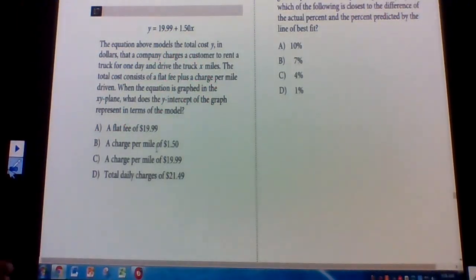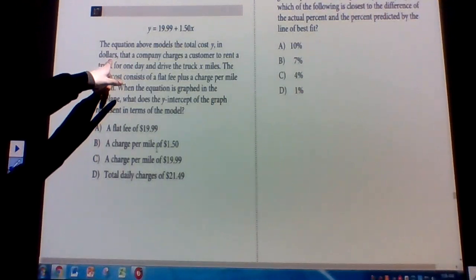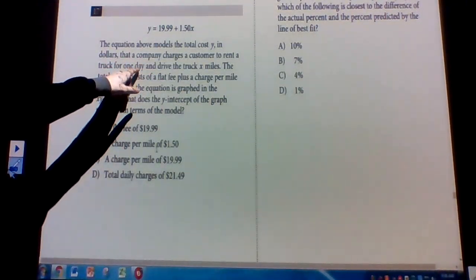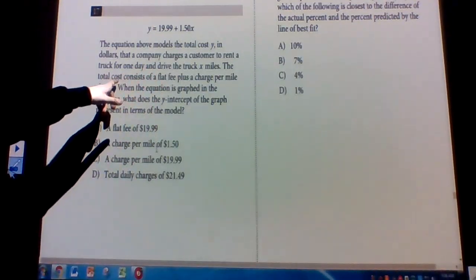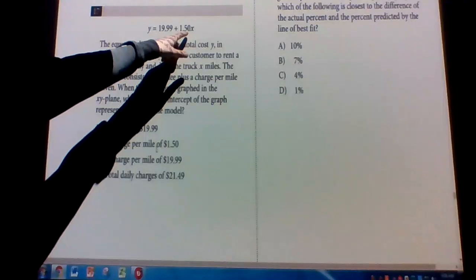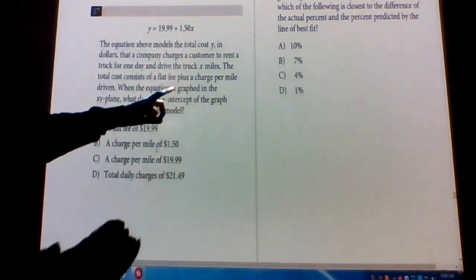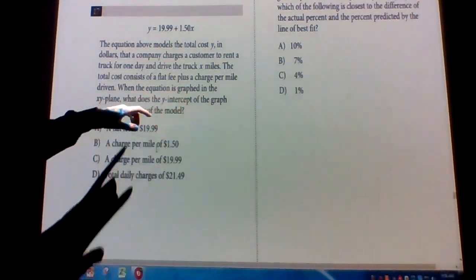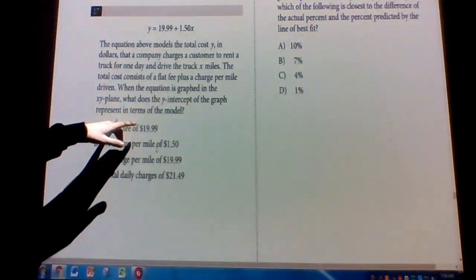Okay, the equation above models the total cost y in dollars that a company charges a customer to rent a truck for 1 day and a truck driver x miles. The total cost consists of the flat fee plus a charge. So our flat fee is $19.99, and then you're charged $1.50 per mile. When the equation is graphed in the xy-plane, what does the y-intercept of the graph represent?